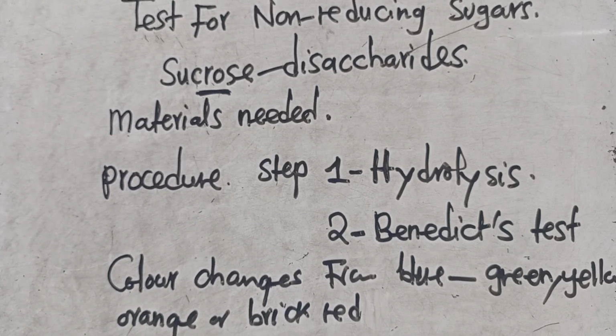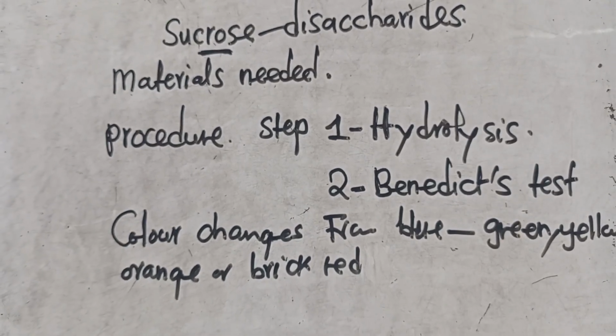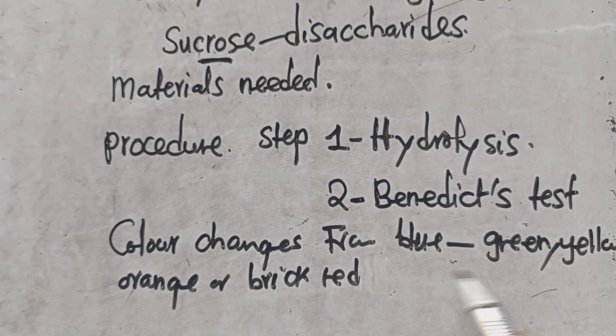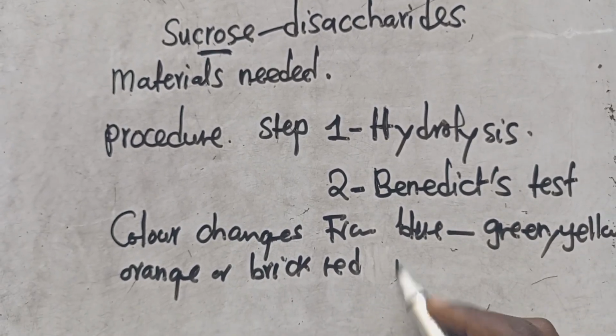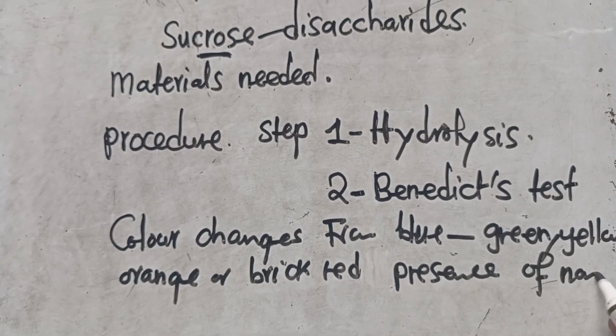This is what you have to understand. So these are certain things that you need to take note of. If the color changes, it means that there is presence of what? Presence of non-reducing sugars.